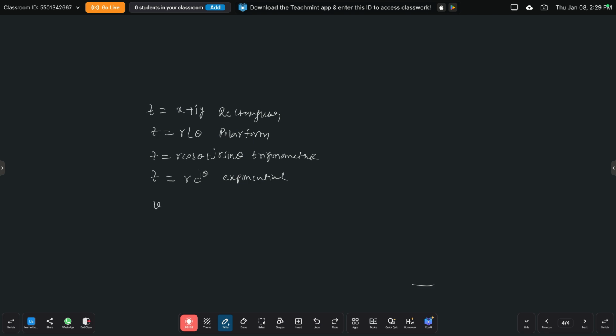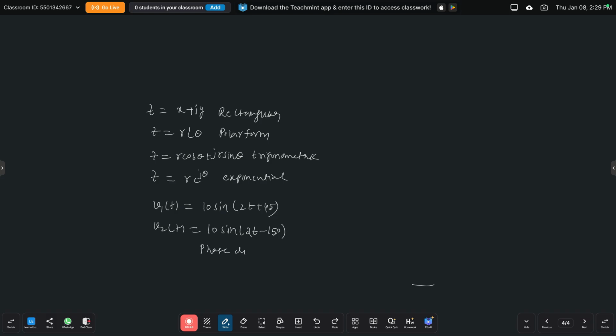Now let us take two phasors: v1 of t equals 10 sin(2t plus 45) and v2 of t equals 10 sin(2t minus 15 degrees), right? Now what is the phase difference between these two?